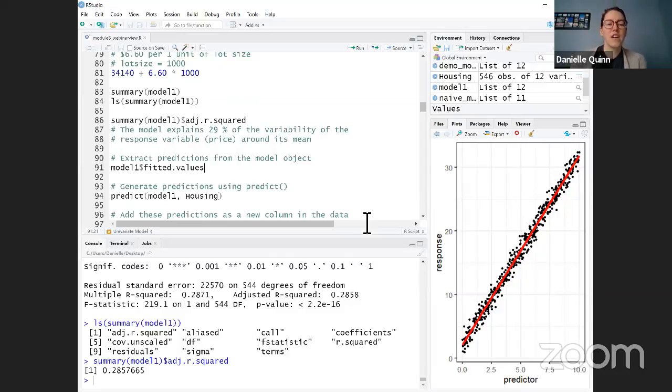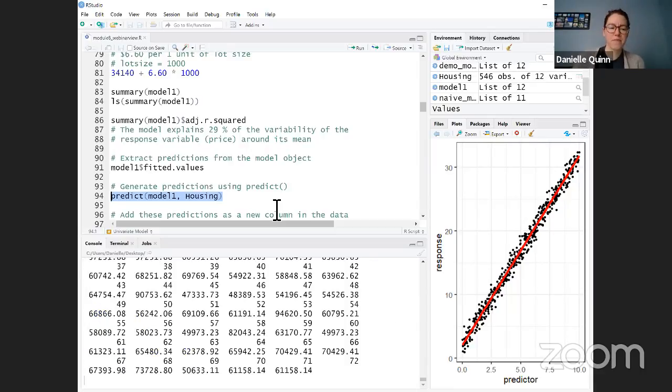Okay, so we can look at the predictions from the model object. We can do that a couple different ways. So first, let's do it this way. We have briefly seen this predict function before. We can say predict using the coefficients generated by model 1 and the data found in housing, generate a bunch of predictions.